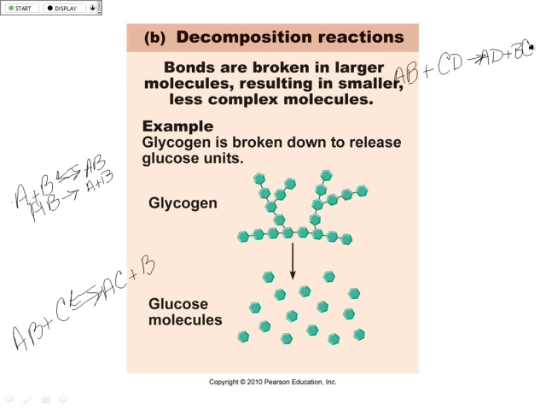Two other terms that we need to know when we discuss reactions of metabolism in humans are redox reactions, which is a combination of two different types of chemical reactions. Now this one's a little bit confusing because when I say I'm reducing something, you would assume I'm losing something.